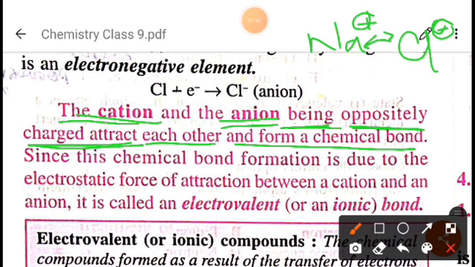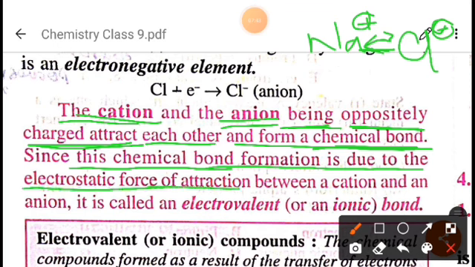Since these two will attract each other, they will form a chemical bond, right? And since this chemical bond formed is due to the electrostatic force of attraction, because there is a positive and negative charge, so this attraction is an electrostatic force of attraction, right?